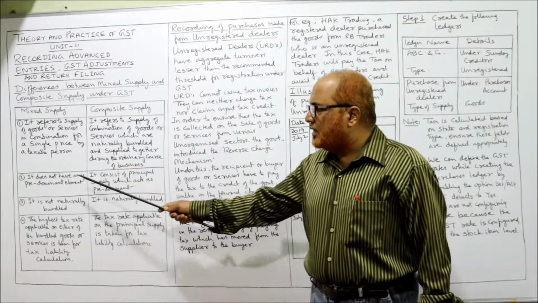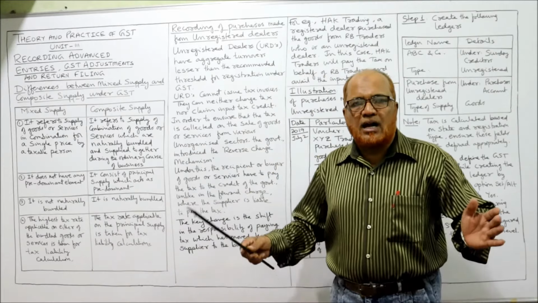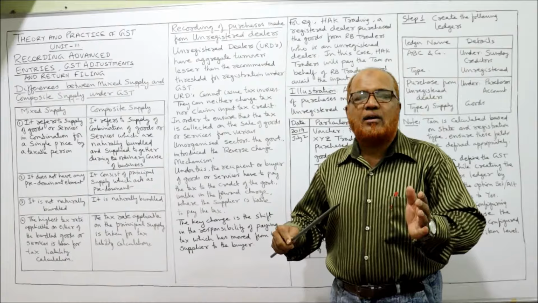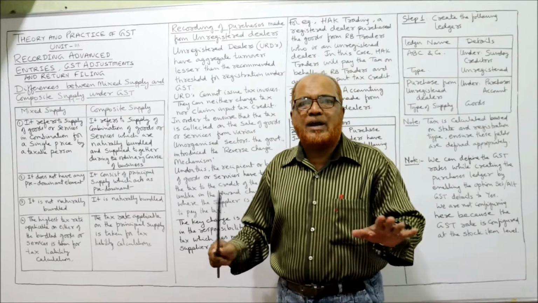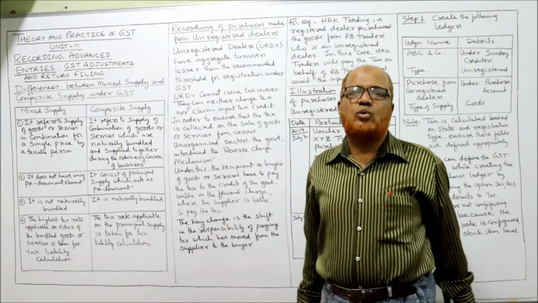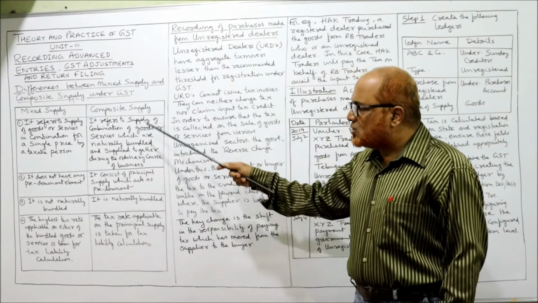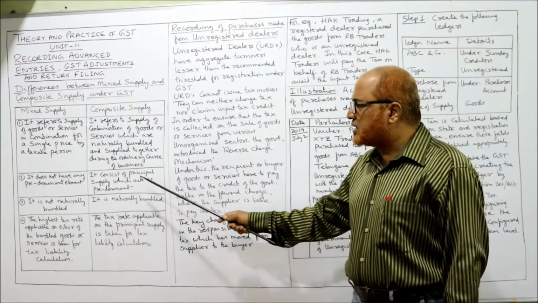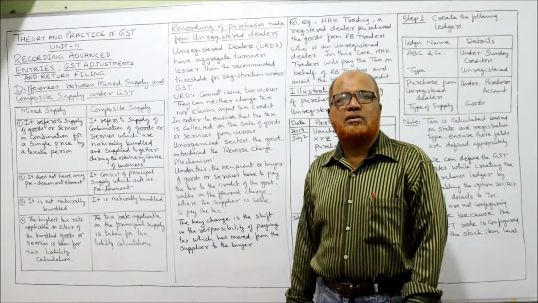So here it does not have any predominant element. That means in the combined goods, we cannot say which is the principal and which is the secondary good. There is no predominant element of goods and services in case of mixed supply. But a composite supply consists of a principal supply which acts as the predominant one.